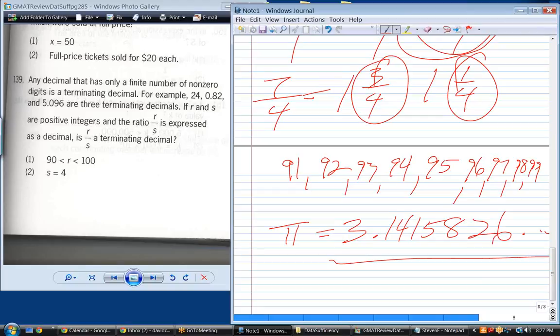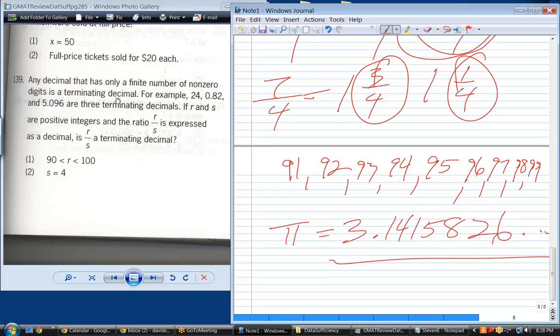Okay, look it up on your calculator. No matter how many places you take it out, you will not see any repetition. Okay, so that's the definition between irrational and rational. Well, the other definition for rational is that it can be expressed as a fraction. So if I have a rational number, it is a terminating decimal.